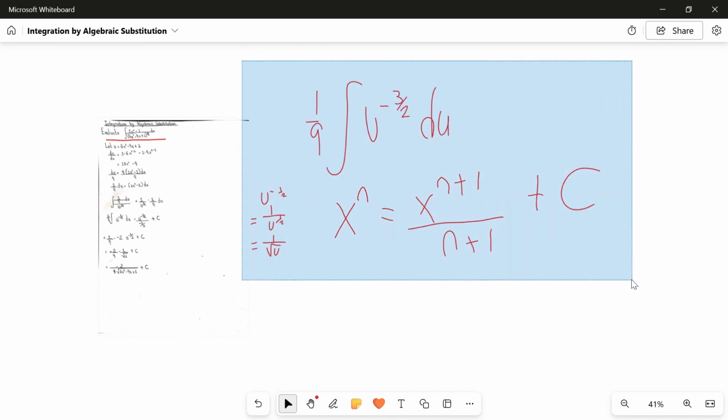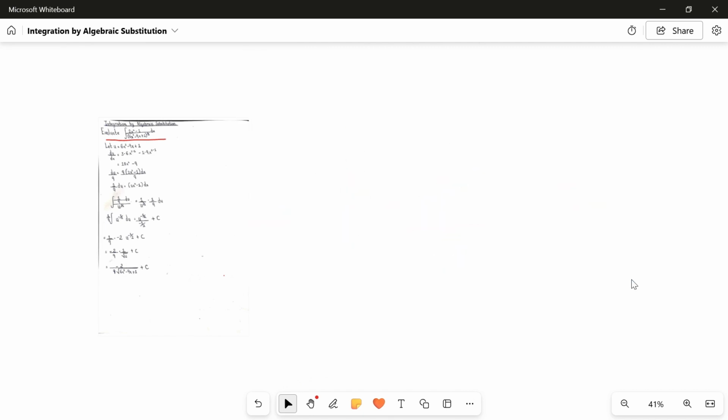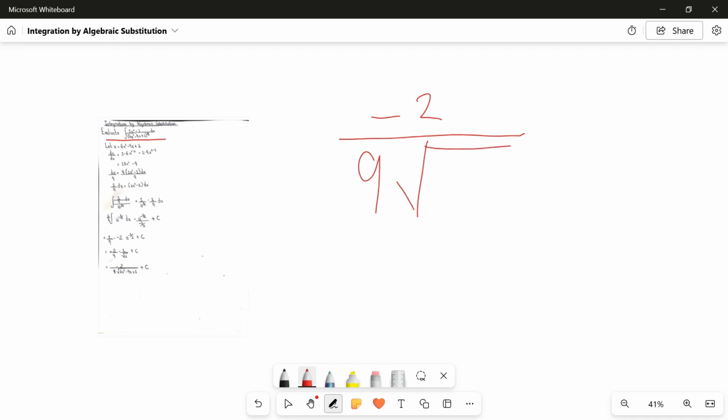So when I clear the screen, negative 2 times 1 is negative 2, right? So the numerator will be negative 2 over 9 times the square root of our u, which was 6x cubed minus 9x plus 1, okay?